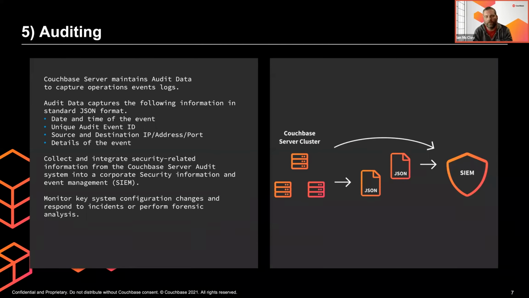Typically, our customers will take those audit events and import them into a security information and event management system, also known as a SIEM. The SIEM can monitor for unusual activity or events, such as failed logins or someone trying to break into your system. You can see those events and take actions immediately. It's also useful for forensic analysis after a break-in happens or some other unexpected event later on. So auditing is really important, and it's a built-in feature in Couchbase Server.